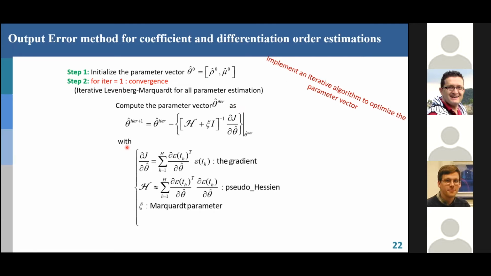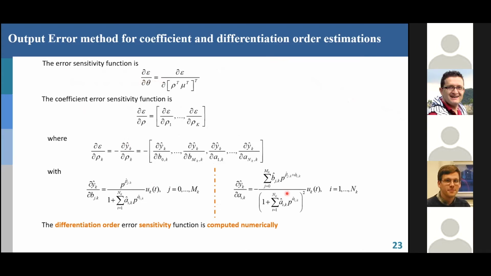Here we can see our gradient, the pseudo-Hessian and the Marquardt parameter. The error sensitivity function is represented by this equation, where the coefficient error sensitivity functions are calculated as follows, and the differential order error sensitivity functions are computed numerically.